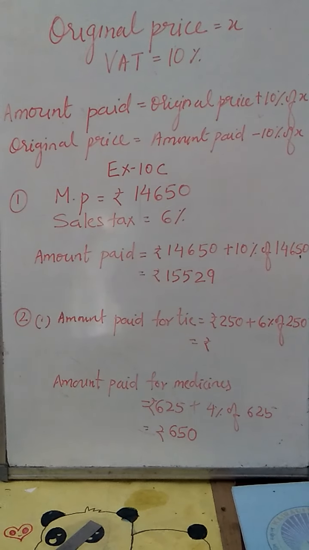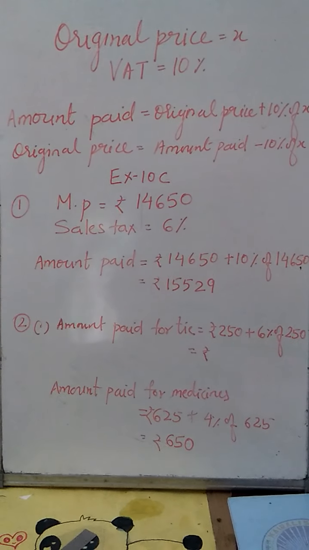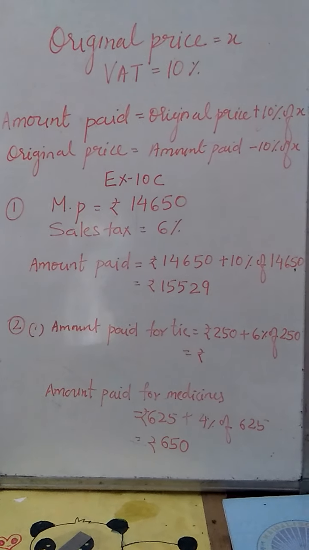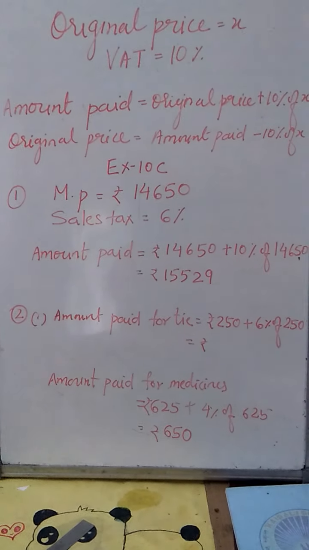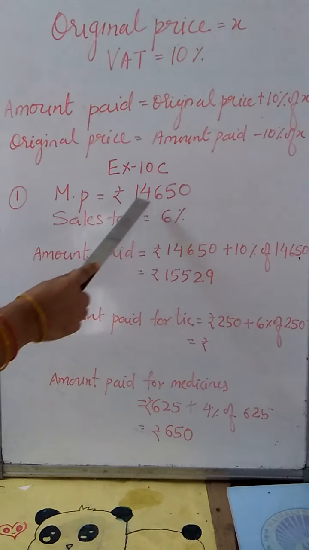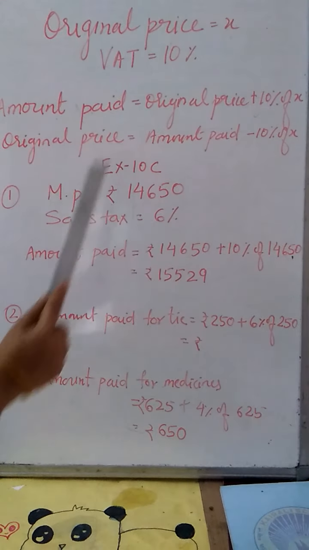The list price of a refrigerator is 14,650. If 6% is charged as sales tax, find the cost of a refrigerator. Very simple question. So mark price is 14,650 and sales tax is 6%.